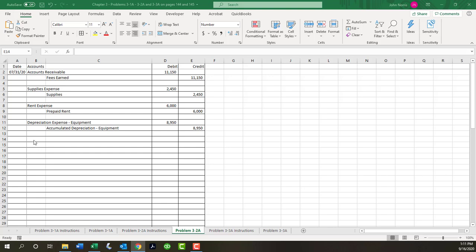Unearned fees at July 31st, $2,000. So we're going to reduce the liability and take the revenue. So we had a balance in that account of $12,000.